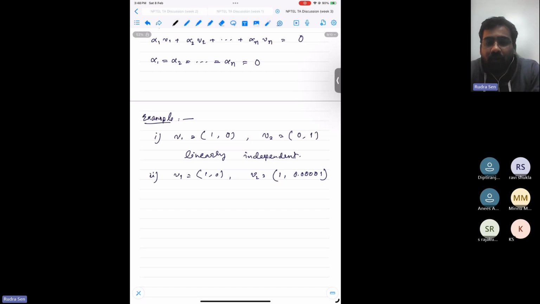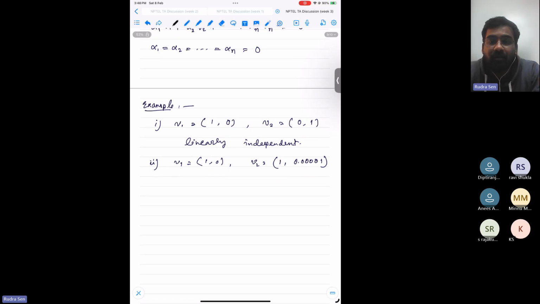If you want to go for calculation, you put these vectors into the columns of a matrix. So put (1, 0) here, and then (1, 0.00001), and then find the determinant or do Gauss elimination. Check the number of pivot elements, and then you can find the rank of the matrix.